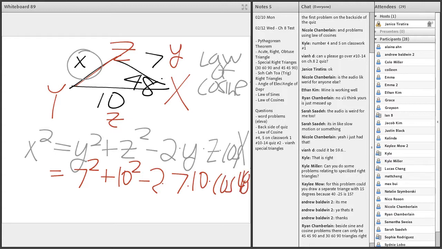Depending on your teacher, some of you might enter it all separately. For me, I just enter it all at once with the calculator. So I type 7 squared plus 10 squared on the calculator minus 2 times 7 times 10 times cosine 48 degrees, and I hit enter.